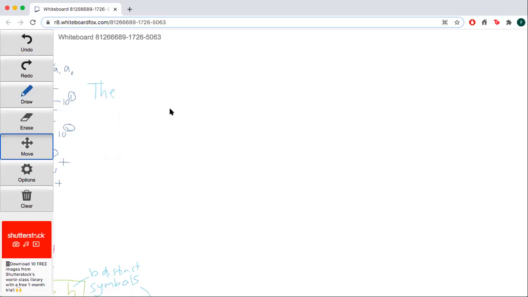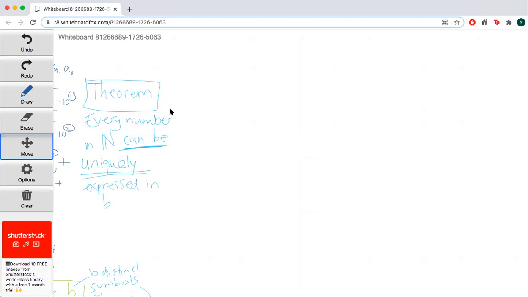So theorem. So the theorem is that every number in the naturals can be uniquely expressed in base B, where B just needs to be another natural number.